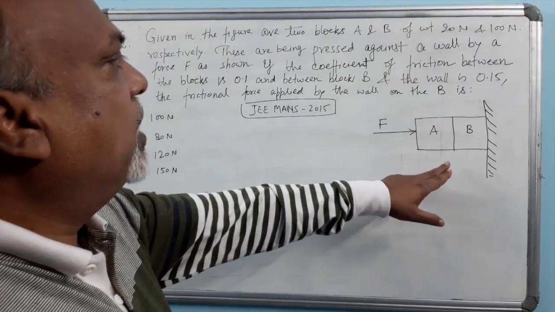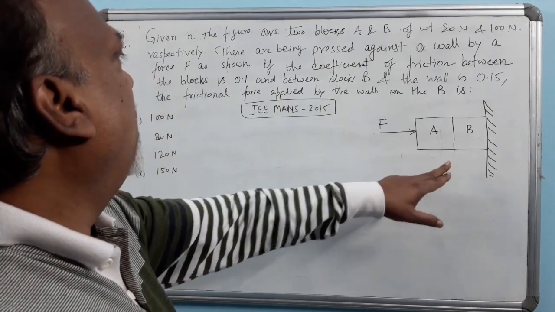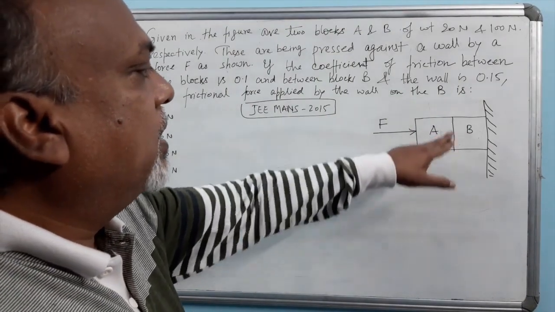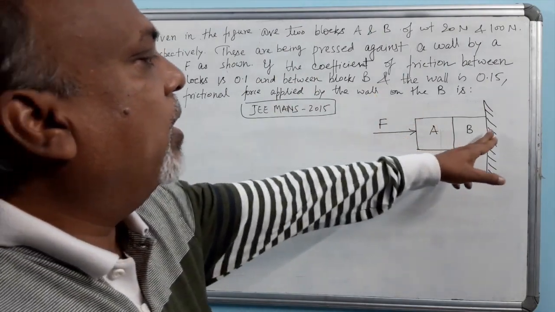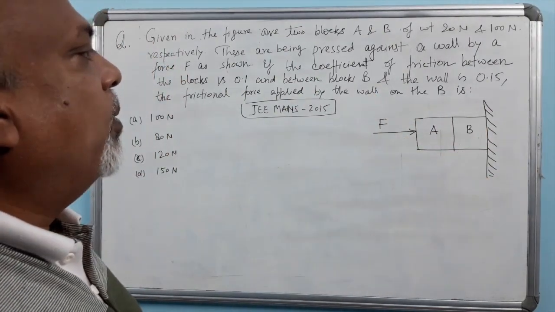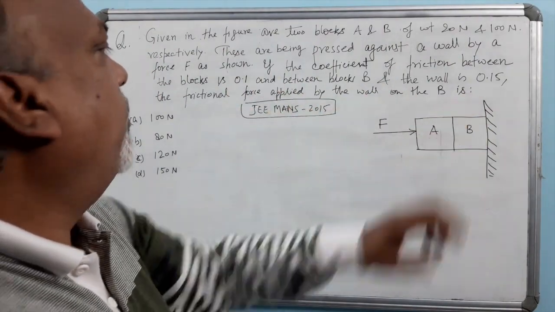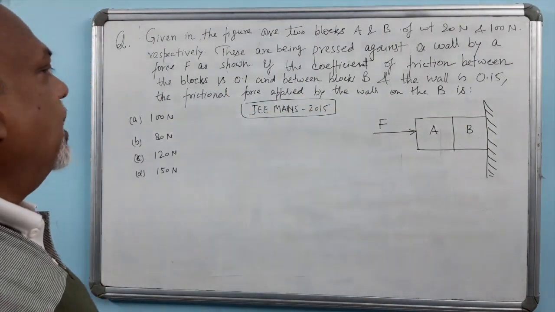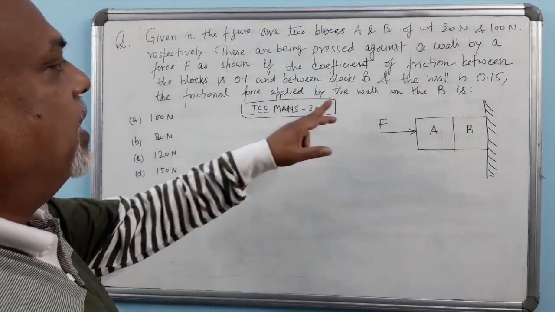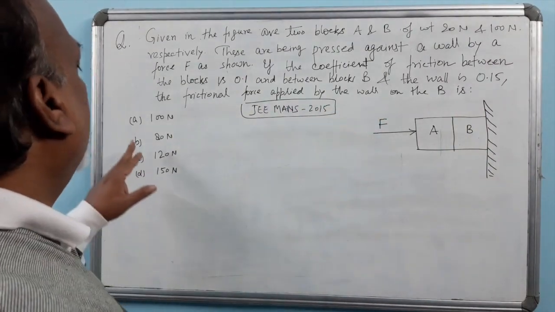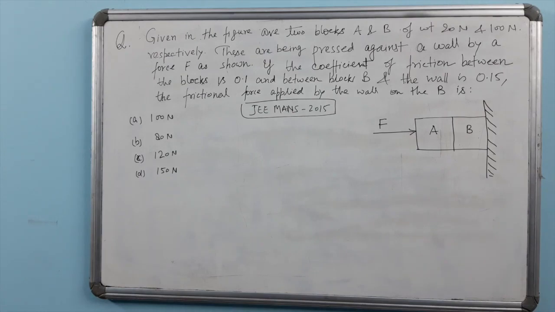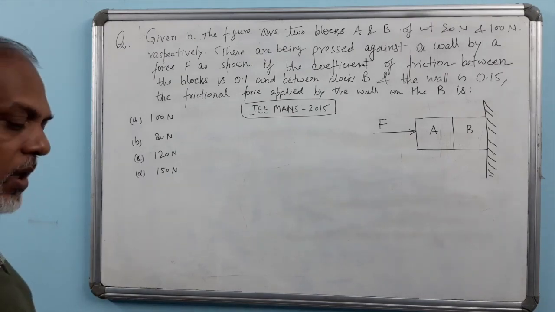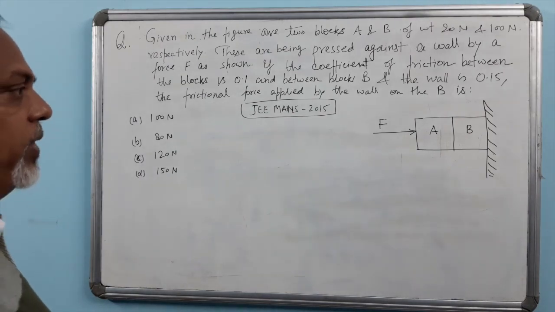If the coefficient of friction between the blocks, like here, and between block B and wall, like here, is 0.1 and 0.15, the frictional force applied by the wall on B is, these are 4 options given, we have to find out. So how to proceed? Let us first make the free body diagram.